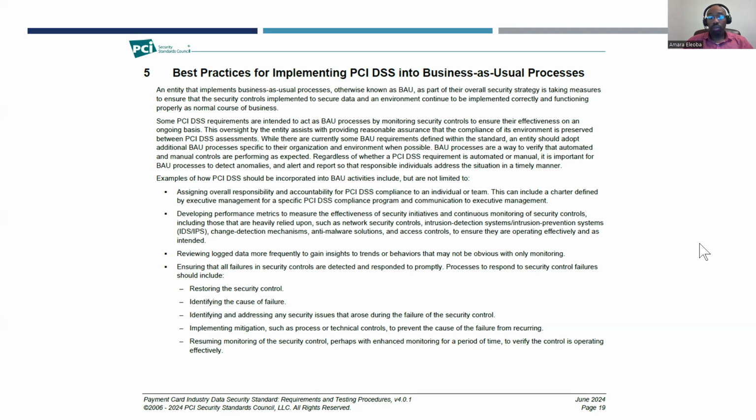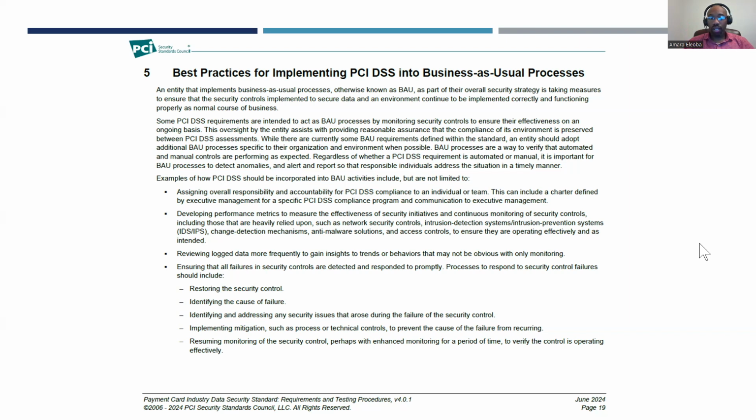Then another thing you can do is to develop performance metrics to measure your PCI security initiatives or continuous monitoring programs for certain controls. Then also you can have a process in place to ensure that when a certain control fails, that is addressed promptly. Within that process, you need to include the restoration of the control.